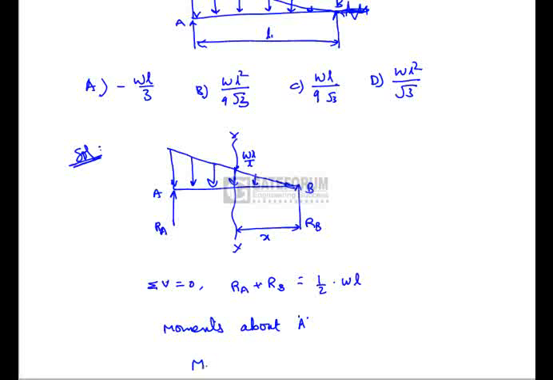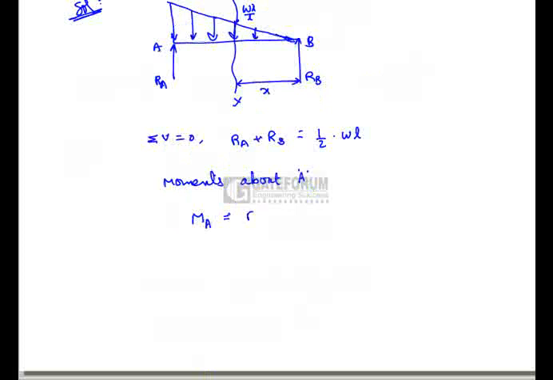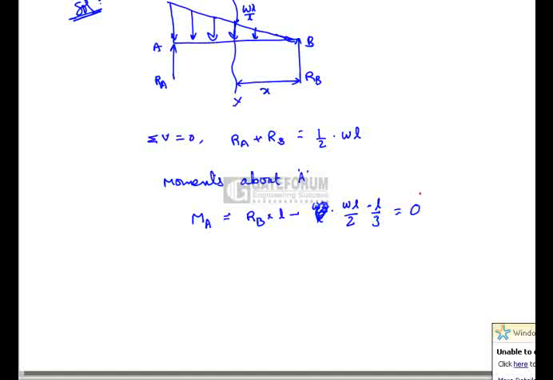Now consider MA, which gives RB into L minus the total load WL by 2 into L by 3 is equal to 0.